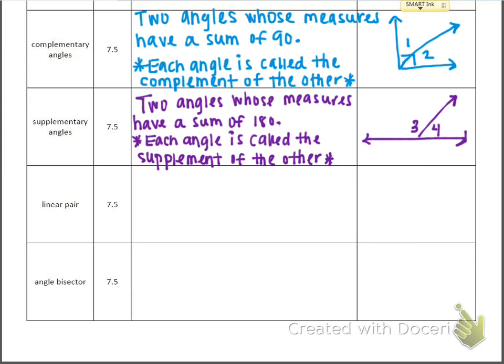So it is a pair of adjacent angles whose non-common sides are opposite rays.